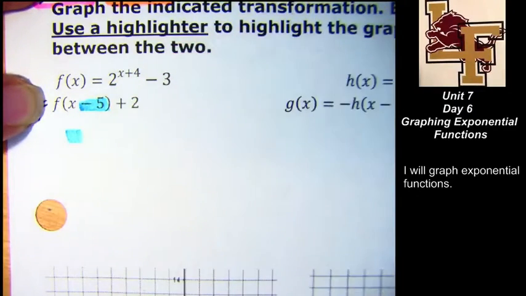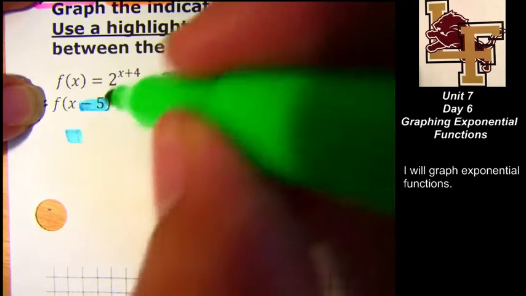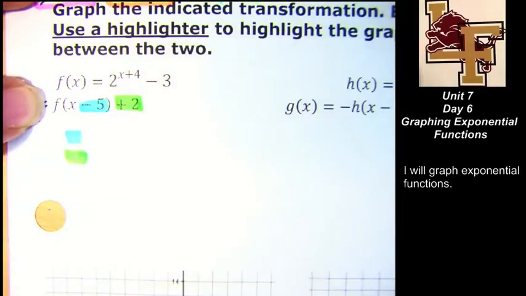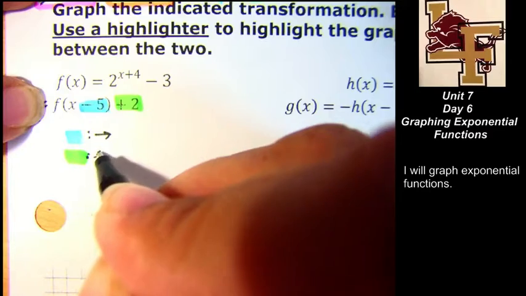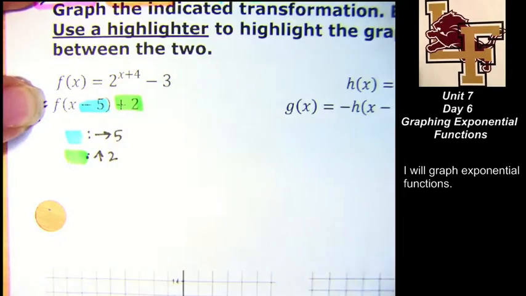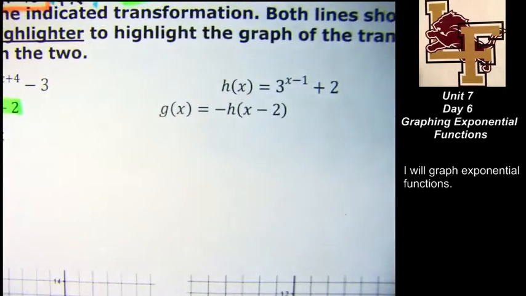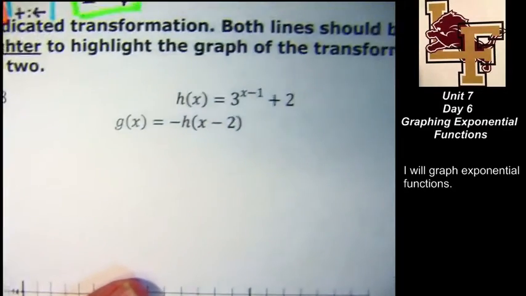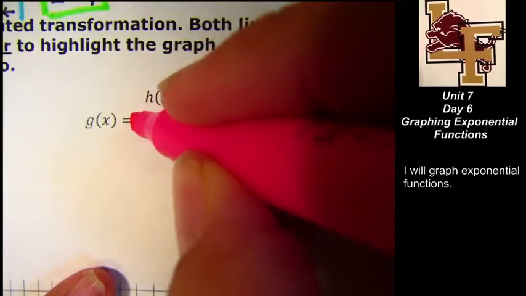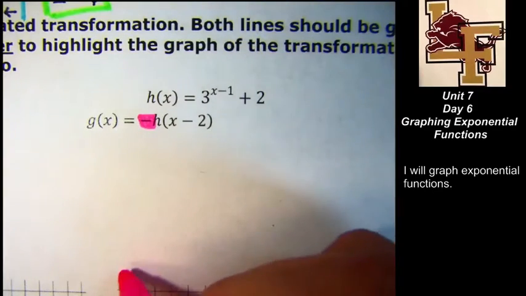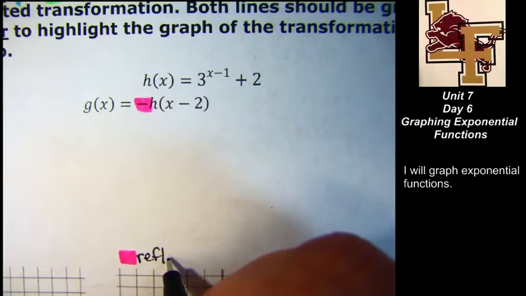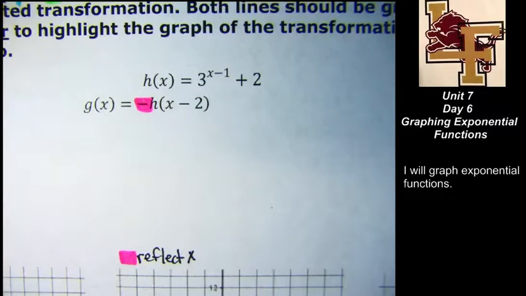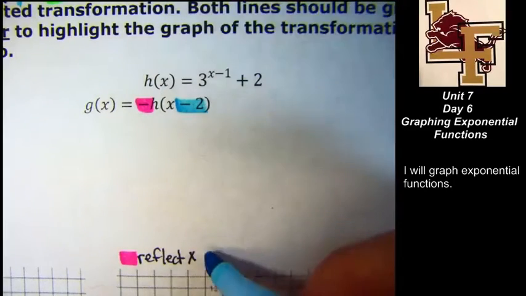I have that, which is right 5, and this, up 2. Good. So we have our little legend: right 5, up 2. Let's look at the next one. I have this reflect across the x. Good. So I have a reflect x, and then this, right 2.